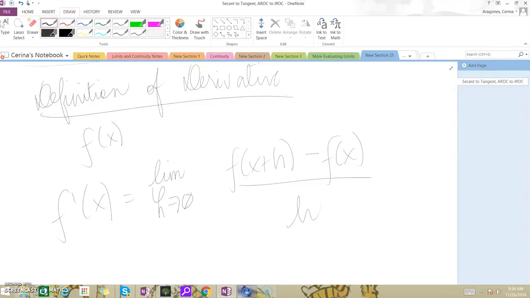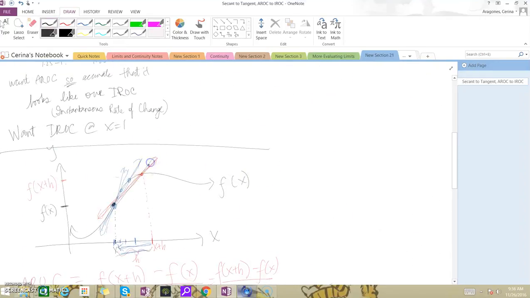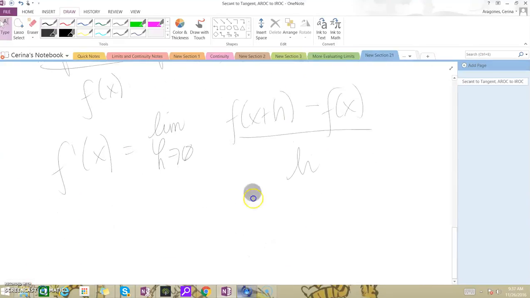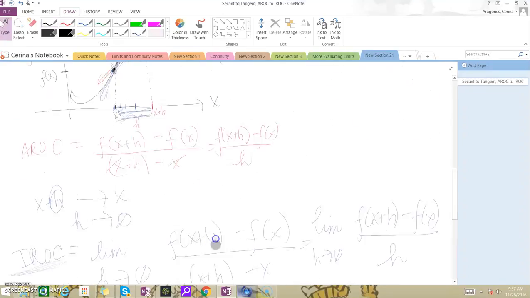Essentially, what we want is to create a secant line and then let our x values get closer and closer and closer to the point we want that it starts looking like a tangent line. So we want our secant line to start looking like our tangent line. And that is what a derivative is, the actual rate of change at a specific value.